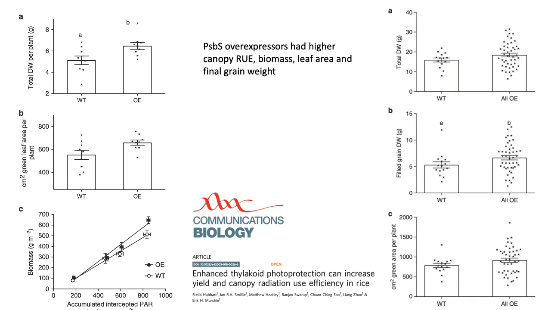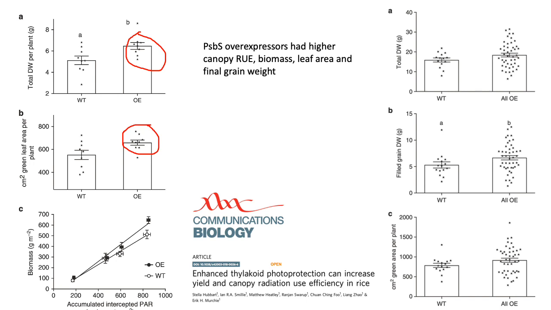We were able to show in a paper in Communications Biology that the total dry weight per plant was higher in the overexpressors, and this was associated with a slightly increased leaf area, and we also noted a higher overall radiation use efficiency.